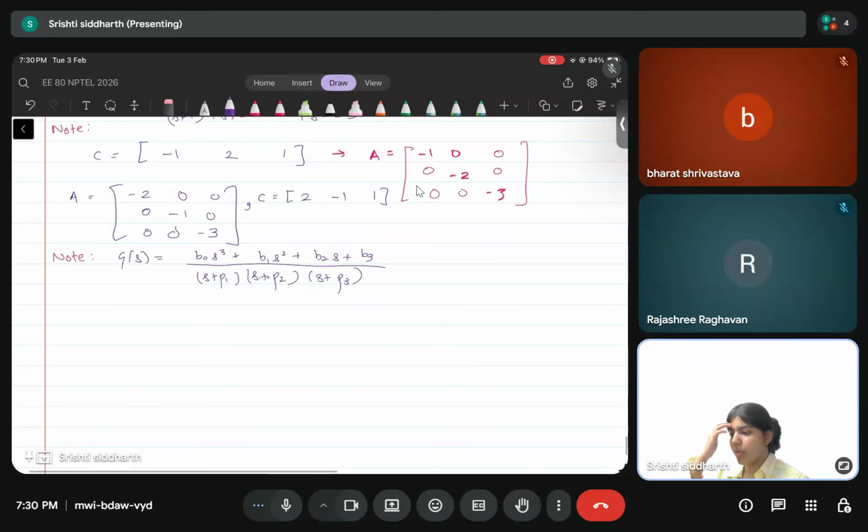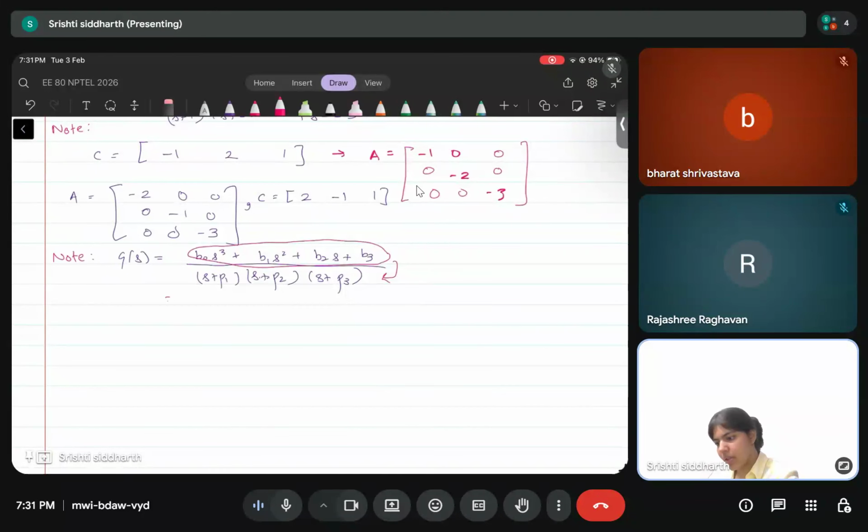And as we are discussing, if we want to convert it to a diagonal form or the Jordan form, you should also verify that this does not have a common root with the denominator.